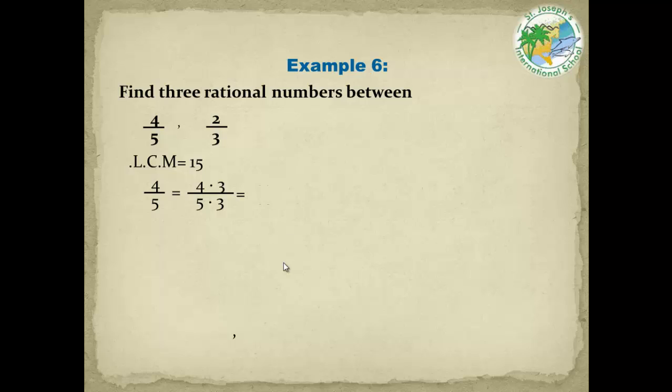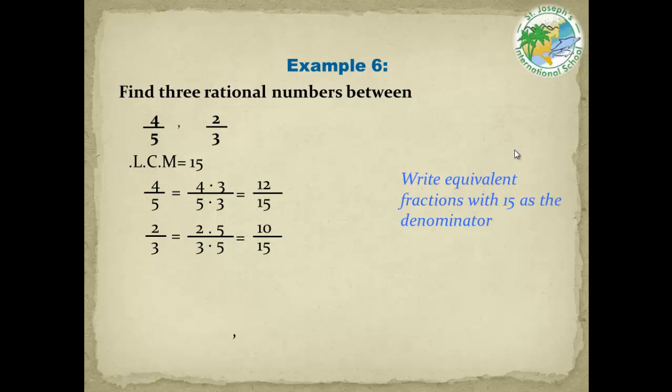Fine. The next fraction, 2 over 3, multiplied by 5 in both the numerator and denominator: 2 times 5 and 3 times 5 equals 10 over 15. Now the two fractions have equal denominators. Then we can find 3 rational numbers between them.